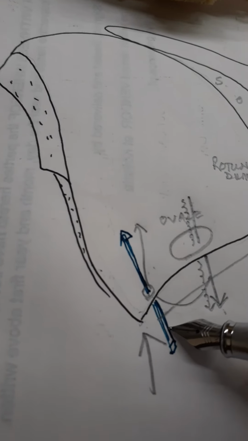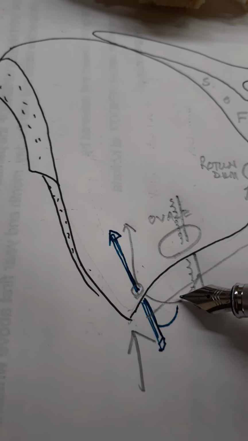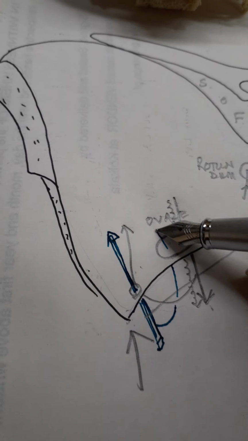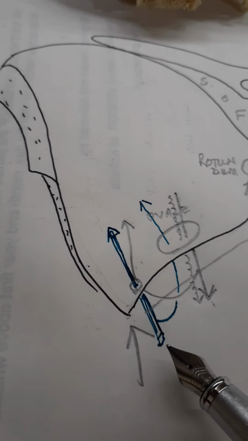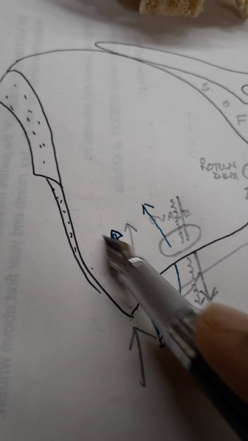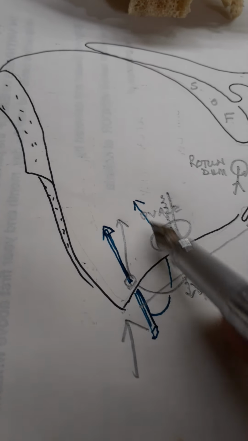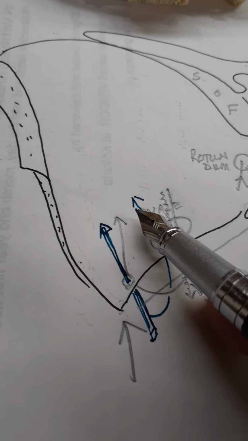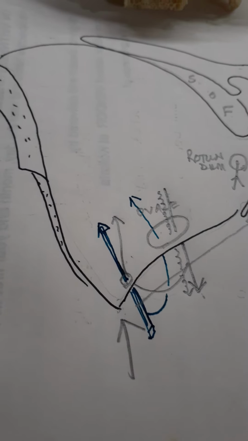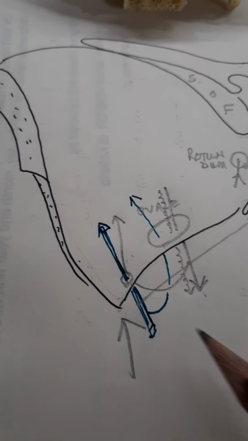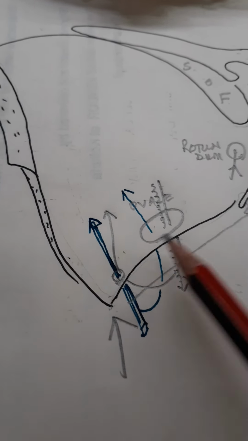And the middle meningeal artery has a branch, the accessory meningeal artery, which passes to foramen ovale. So you see, the mother artery passes to foramen spinosum, and the daughter artery passes to foramen ovale. So the foramen spinosum and foramen ovale are said to have a mother-daughter relationship.